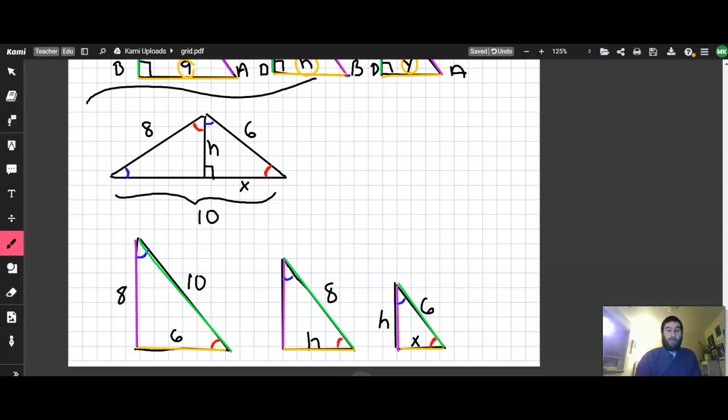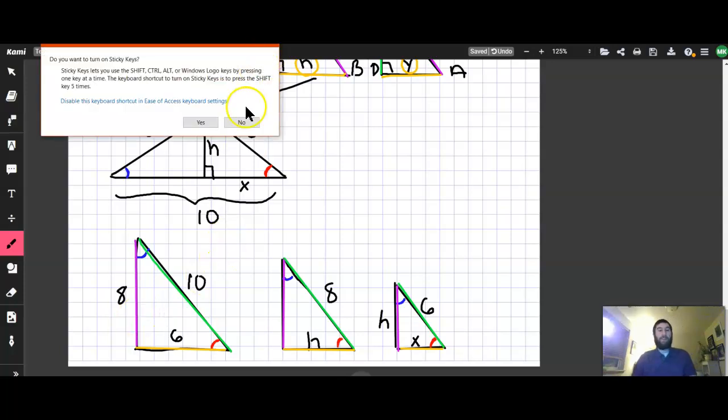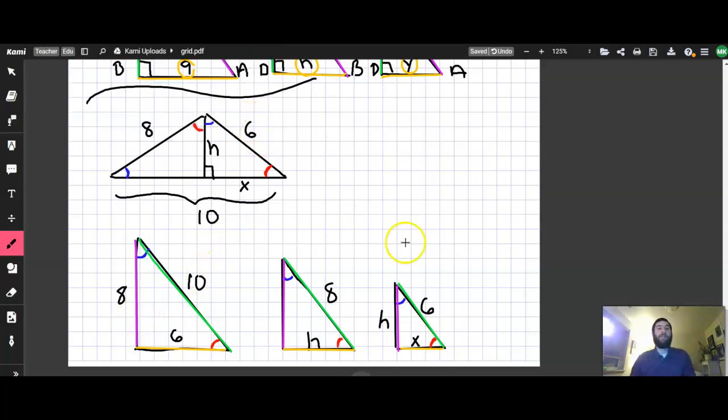So, oh, Sticky Keys, you have been my companion this evening. No, thank you. So, 8 with 10. We're going to pick which one we want to have as our image and as our pre-image. I like h on top, so I'm going to put 8 on top. So, we're going to have 8 over 10 equal to h over 6.